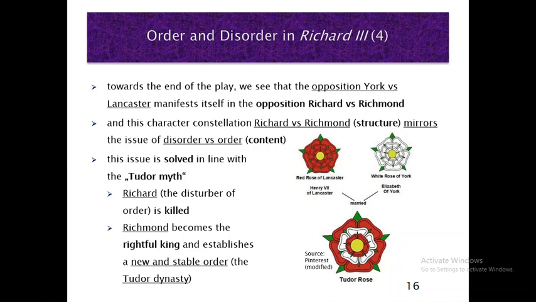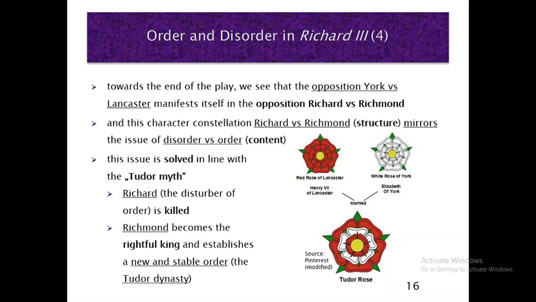Let me repeat. We have the basic structure of the play. And this basic structure is Lancaster versus York. And this is personified at some point in the opposition Richard versus Richmond. Richard representing York, Richmond representing Lancaster.